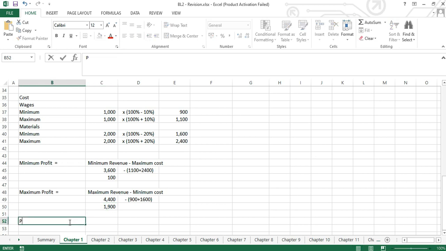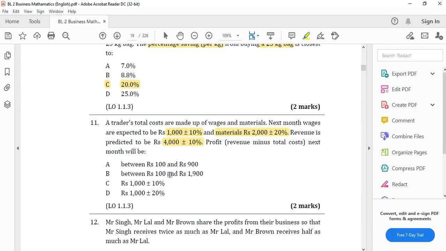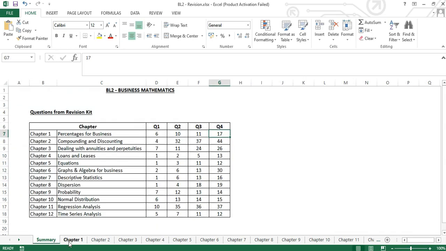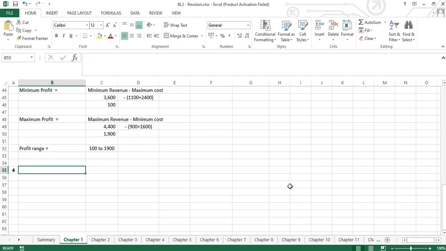So your profit range will be 100 to 1,900. Let's see if we got that answer. Yes. Answer B. Between 100 and 1,900. Okay, let's go to the fourth question of this chapter, which is question number 17.